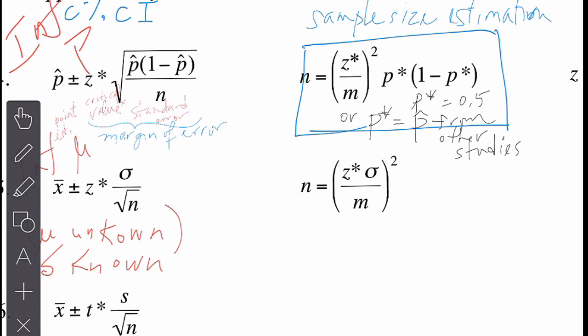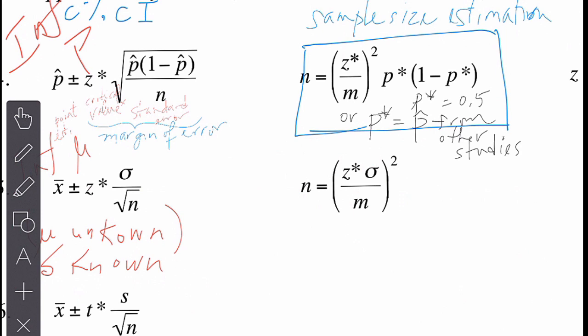So if we pre-specify the confidence level that we want for our estimator and the margin of error that we want, and we're given the true standard deviation, we can estimate the sample size. So this is what you need in advance of a study to estimate the right sample size.